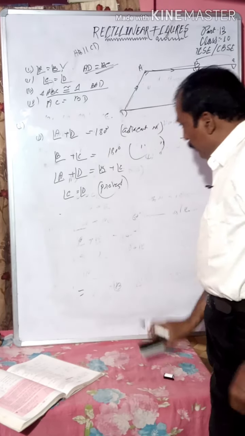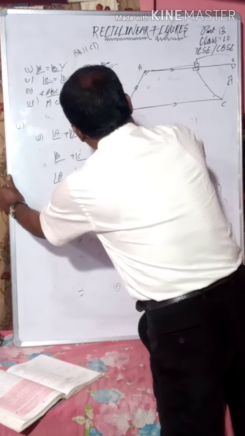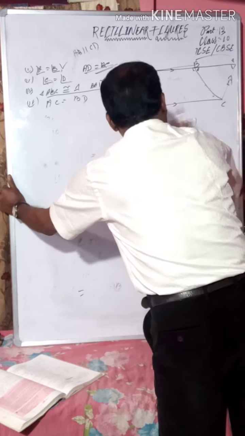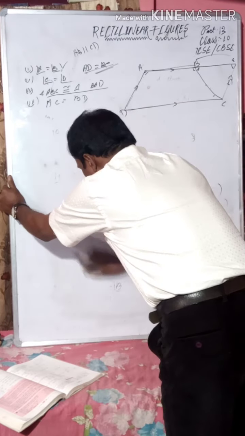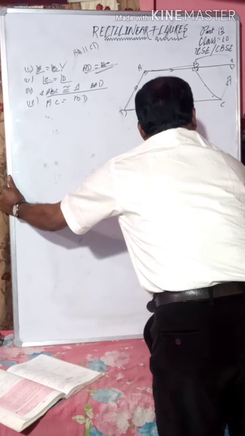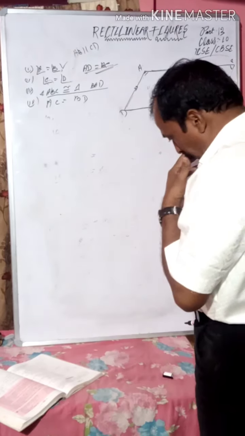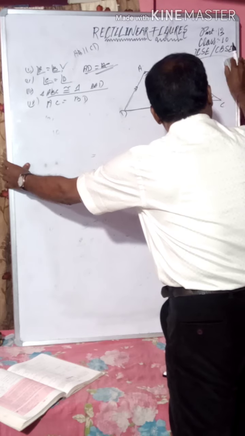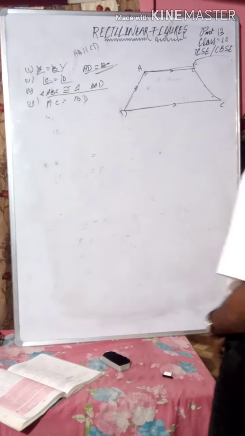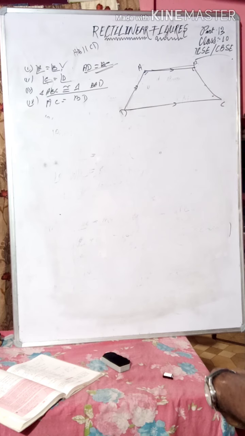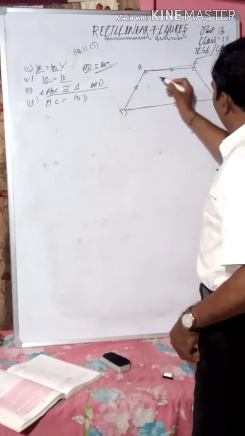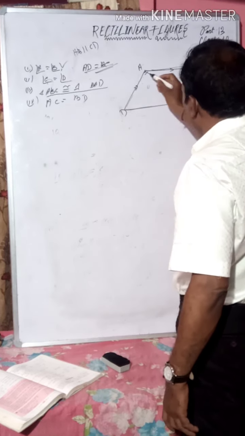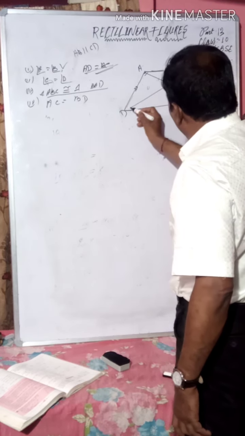Now take a screenshot, then we will go to the triple I and IB. There are 4 questions in this question. Triple I: there is a trapezium in which ABC is a triangle and BAD is another triangle.